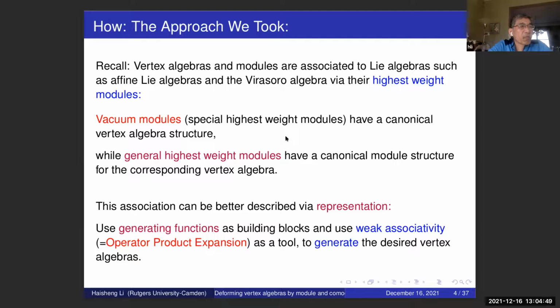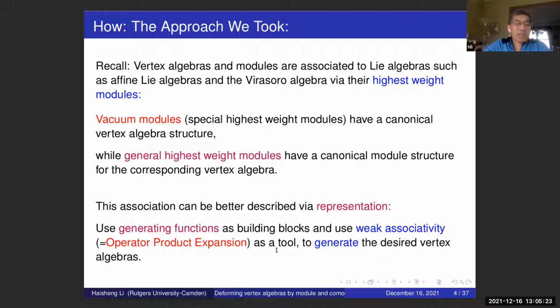We can also describe this in terms of representations. If we consider a classical algebra as an algebra of linear operators, then here we use generating functions as an analog of linear operators, and then generate something. No matter what we get, we then decide what we have.